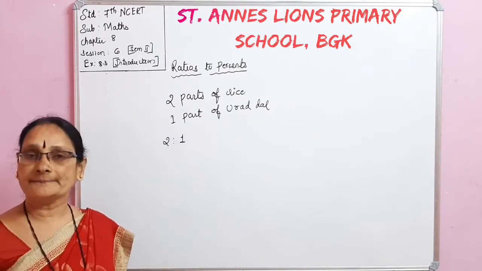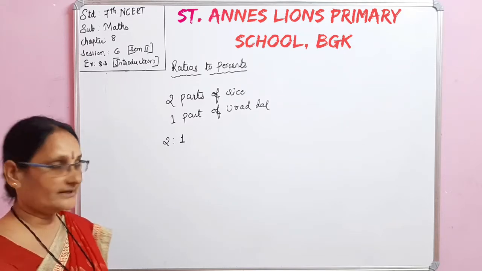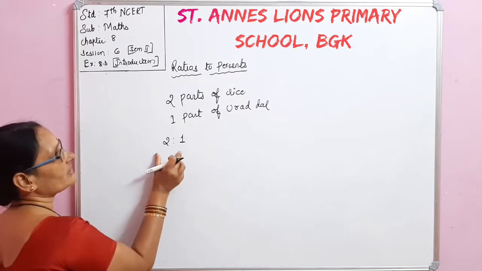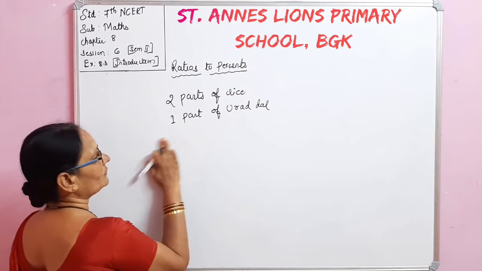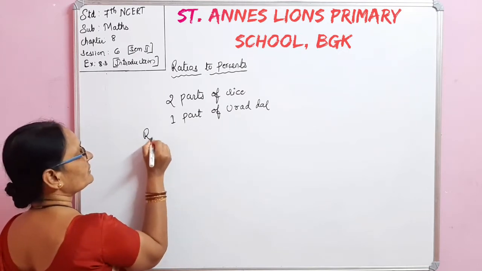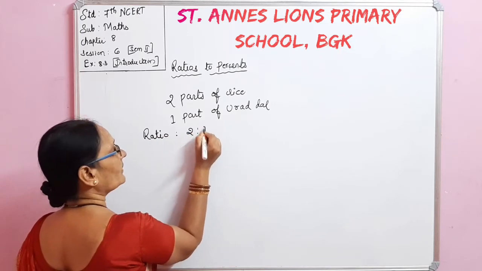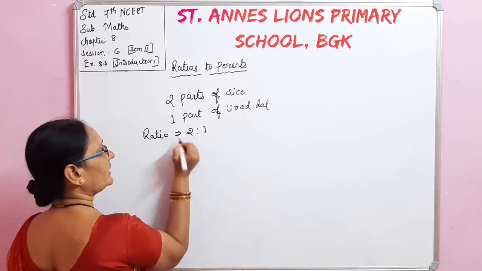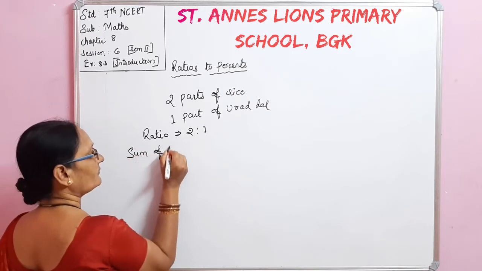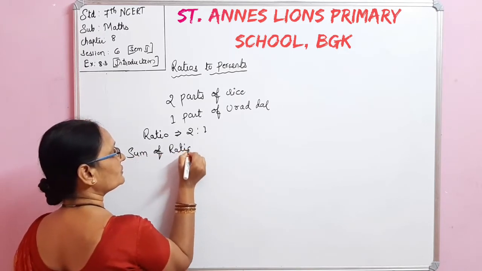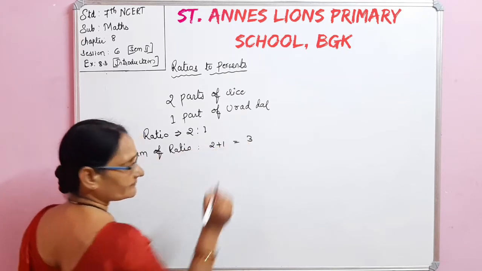Now we have to see how to convert these ratios to percentages. The ratio is 2:1. Now the sum of the ratios: 2 plus 1 is equal to 3.